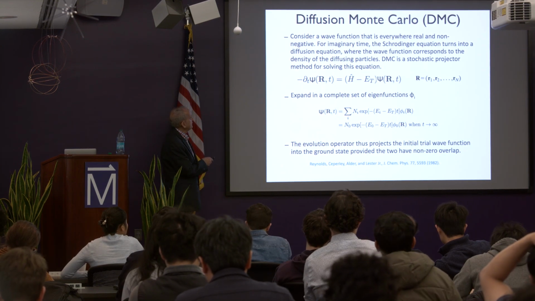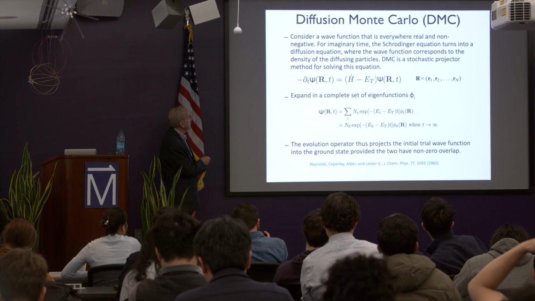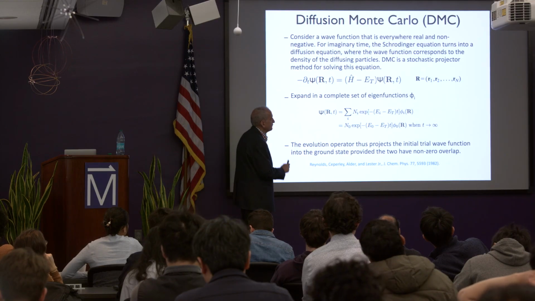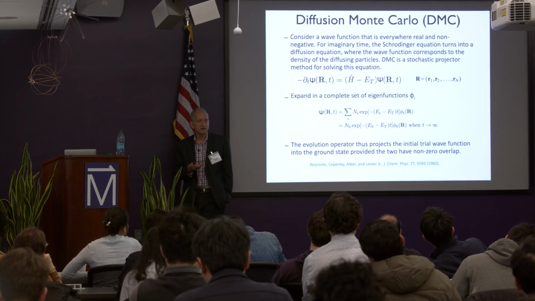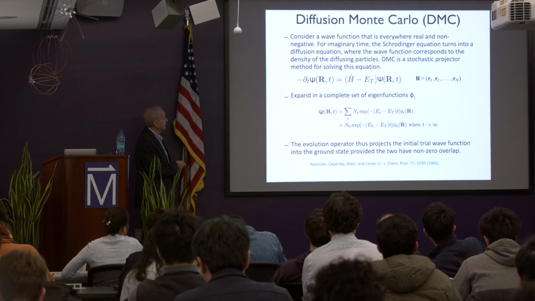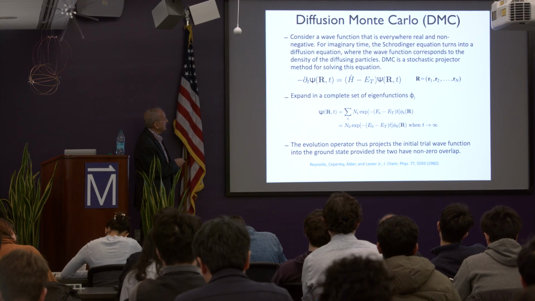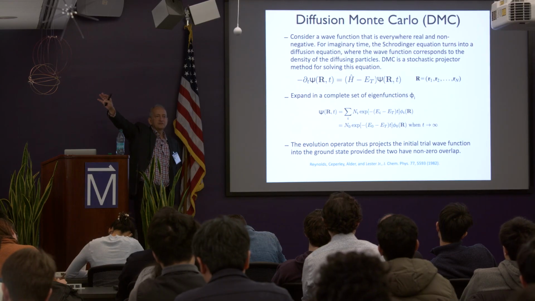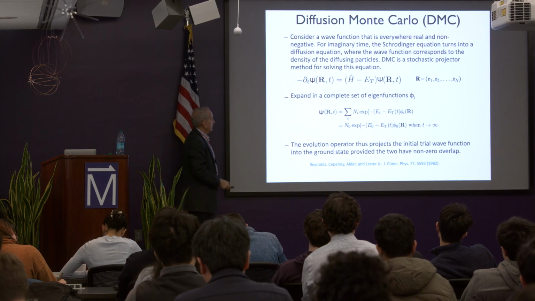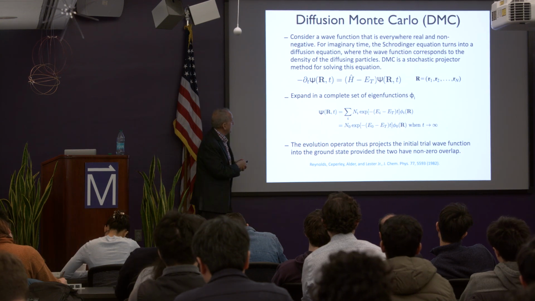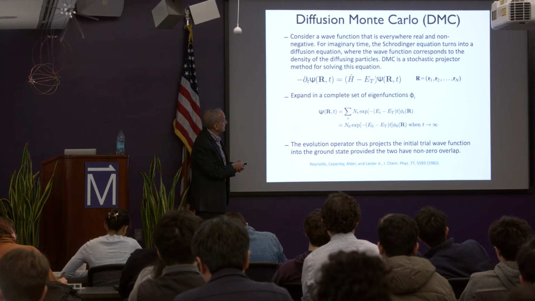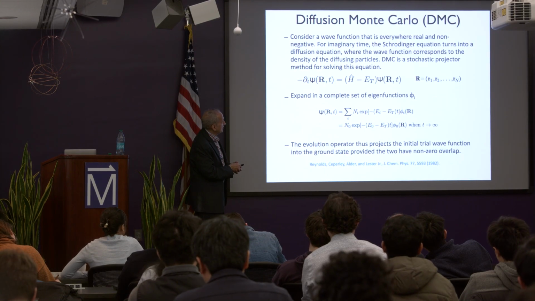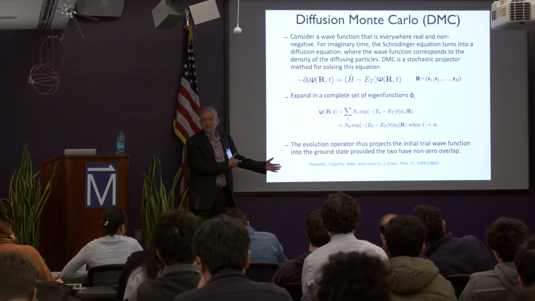So in that case, if you go to imaginary time, the Schrodinger equation becomes a diffusion equation where you think of the wave function as the density of the diffusing particles. And then you evolve this in imaginary time, and if you evolve it long enough, it leaves you with the ground state. The reason for that is, suppose I knew how to express this in terms of eigenfunctions, then I know that if time goes to infinity, the lowest eigenenergy is the only one that survives.